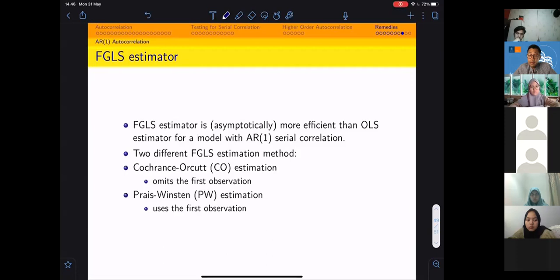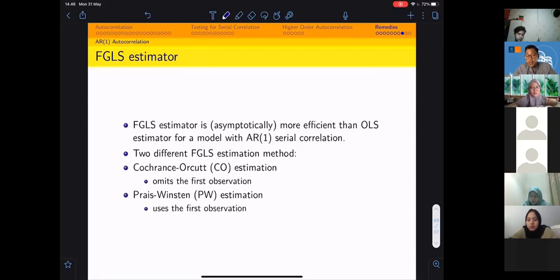On the other hand, we have the Prais-Winsten estimation. The main difference with Cochrane-Orcutt is that they still take advantage of the first period observation. If you take advantage of the first period observation, you have more information, and more information about the data could probably lower your standard error or your variance.